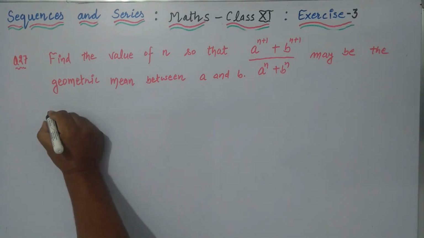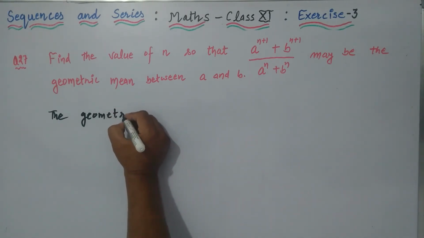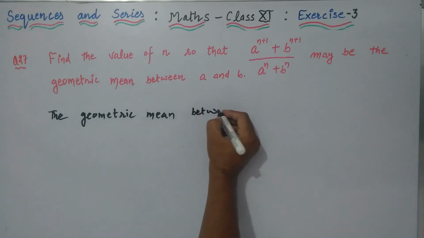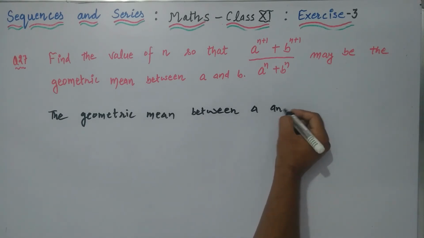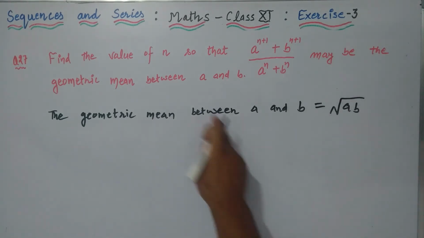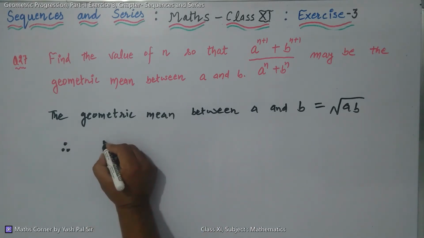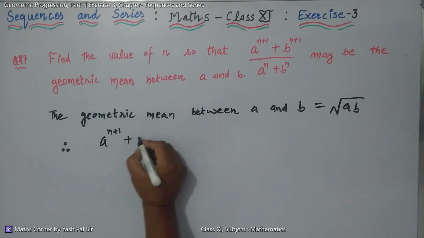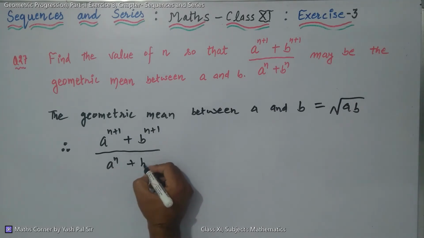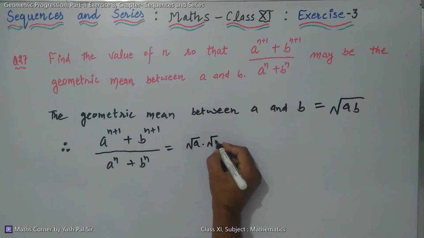So here the geometric mean between a and b, the formula is square root of ab, but this is given equal to this, so we substitute: (a^(n+1) + b^(n+1)) divided by (a^n + b^n) equals square root of a into square root of b.